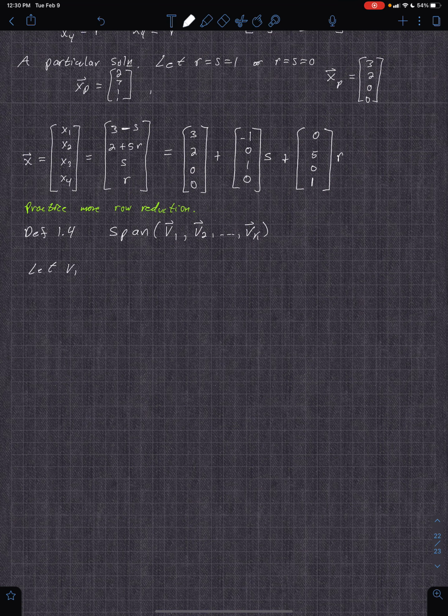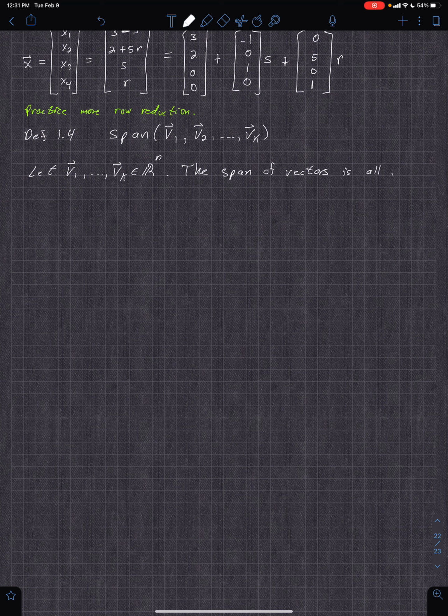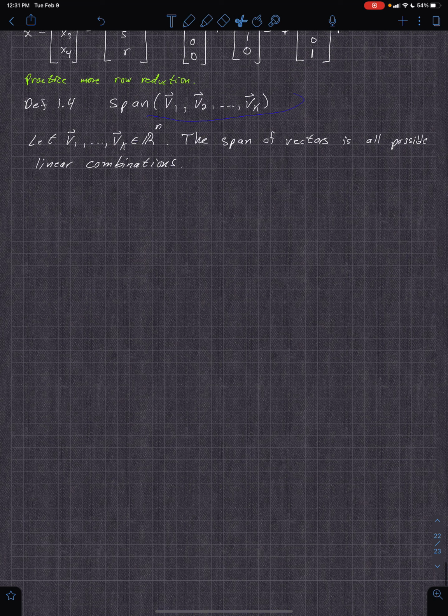So in n-dimensional space there. The span of vectors is all possible linear combinations of all those vectors.